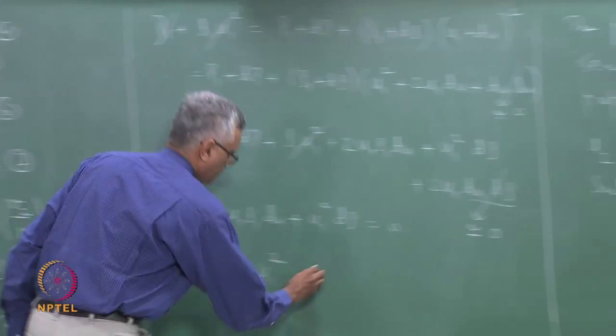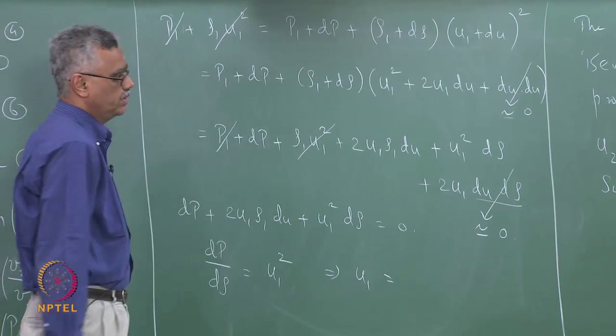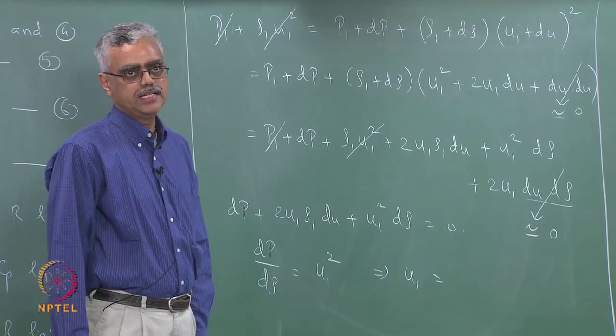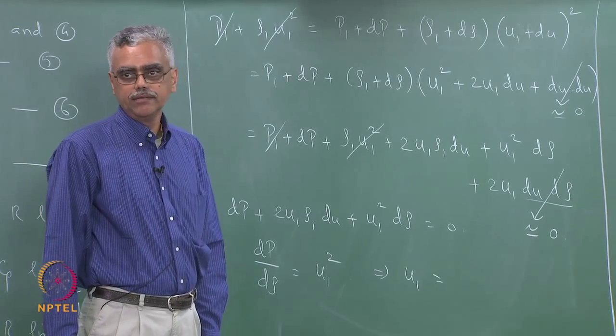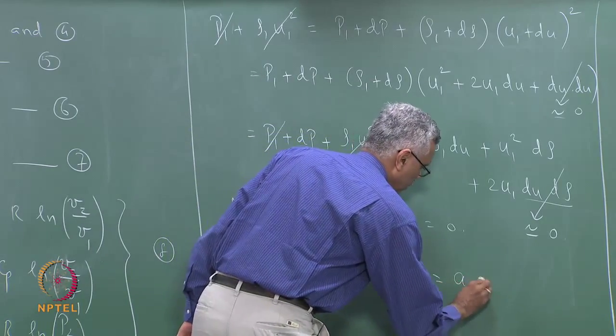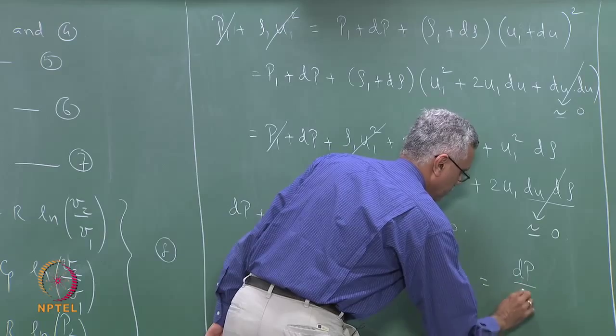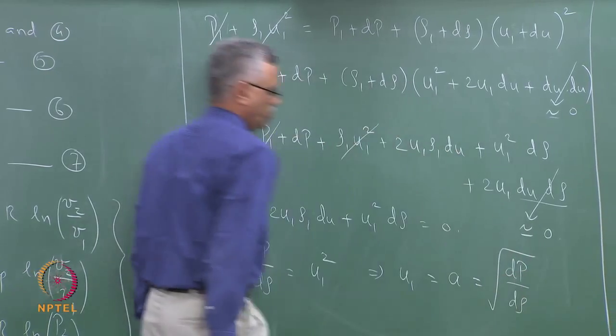Or this tells me that U1 is equal to, remember from our diagram we said that U1 is equal to A, which is the speed of sound. That is what we said from the diagram. So U1 is equal to A is equal to the square root of dP over d rho.